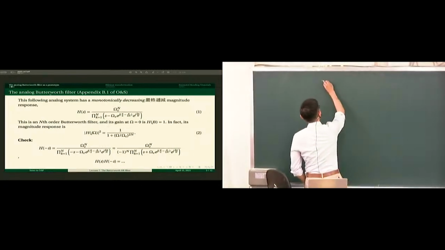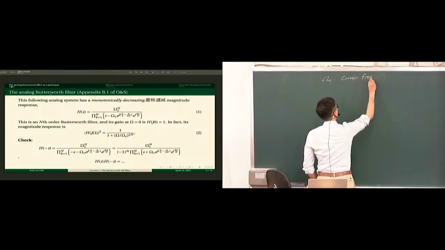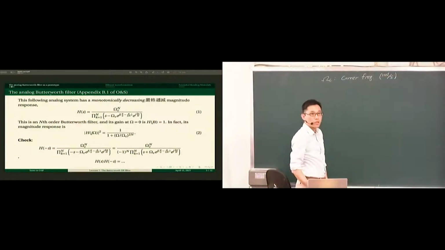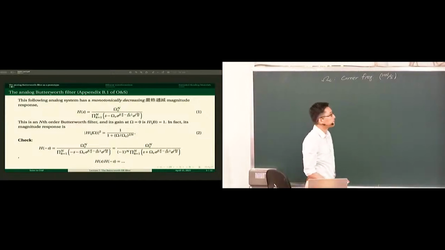So omega C stands for the corner frequency, and in the continuous-time scenario its unit is that of angular frequency, radians per second. That's the unit for this constant, which denotes the corner frequency.